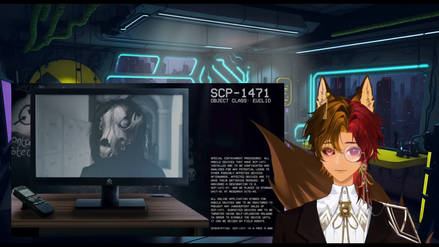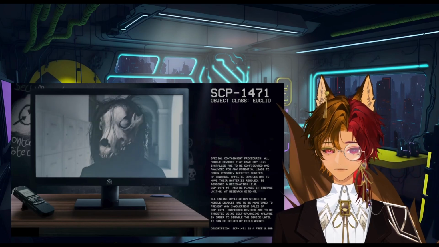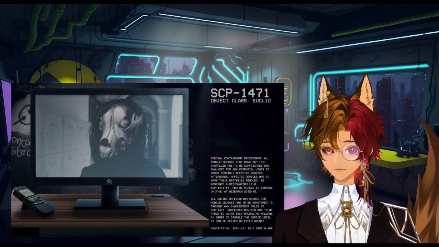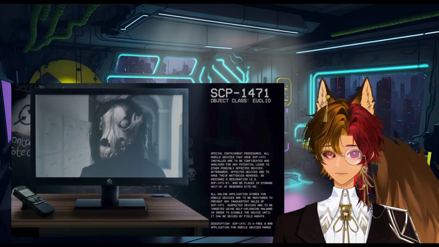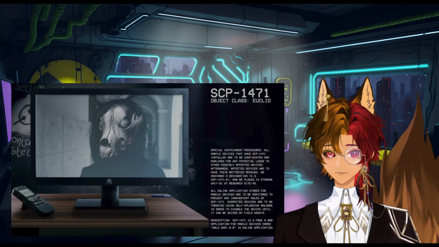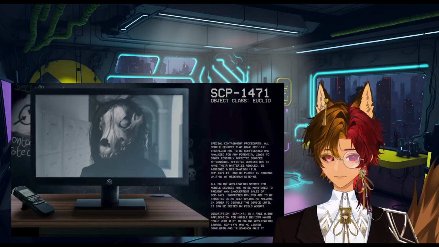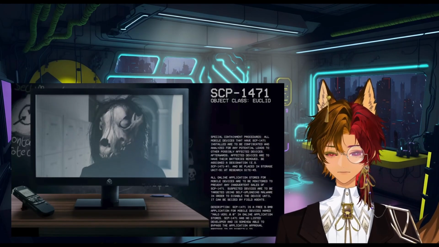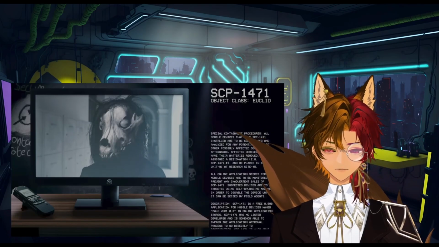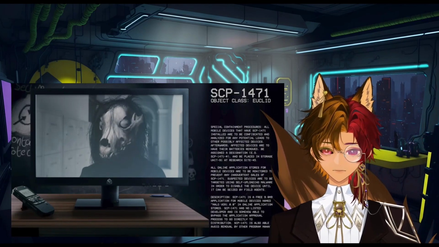Special Containment Procedures. All mobile devices that have SCP-1471 installed are to be confiscated and analyzed for any potential leads to other possibly affected devices. Afterwards, affected devices are to have their batteries removed, be assigned a designation, for example, SCP-1471, then a number, and be placed in Storage Unit 91 at Research Site 45.